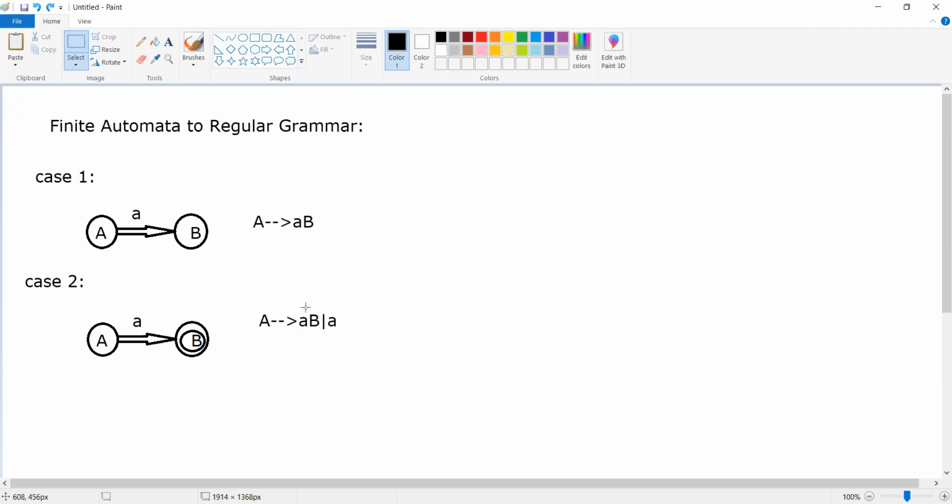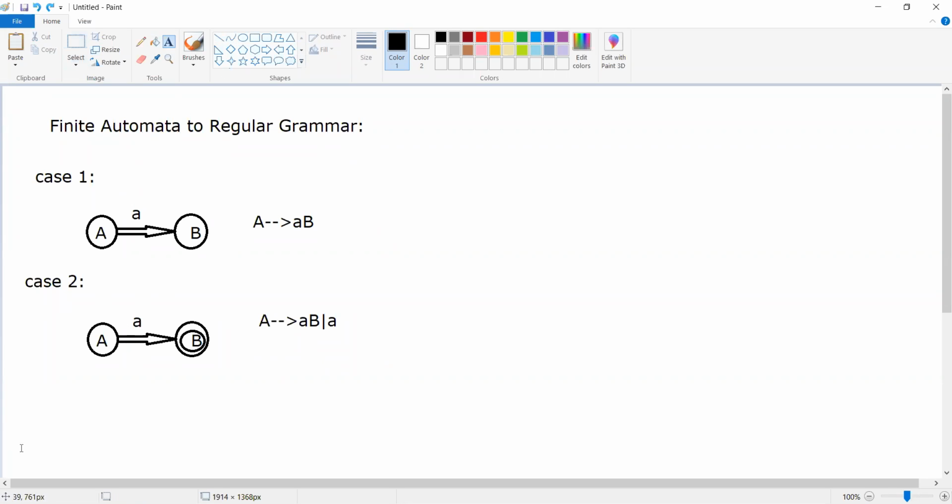Once we do that, we are not going to get the variable, and we simply get the terminal or input only. So we have a transition from one state to the other state. Okay, so this is our case two.